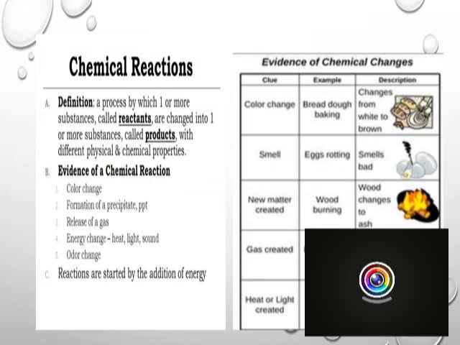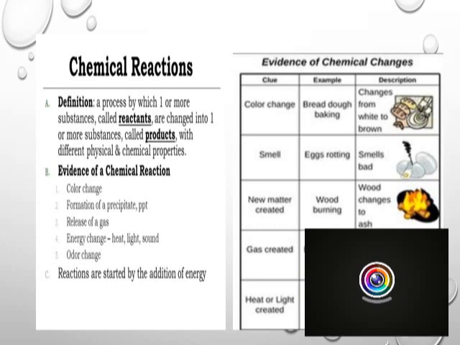by definition, a process by which one or more substances called reactants are changed into one or more substances called products with different physical and chemical properties is known as a chemical reaction.